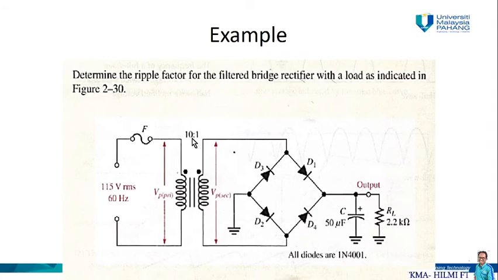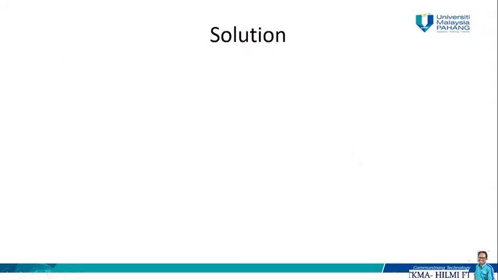The turns ratio is 10 to 1, which means that the secondary voltage is smaller than the primary voltage. Then we have a bridge D1, D2, D3, D4. We have a capacitor of 50 microfarad, and the load resistor is 2.2 kilo ohm. So we need to find the ripple factor.